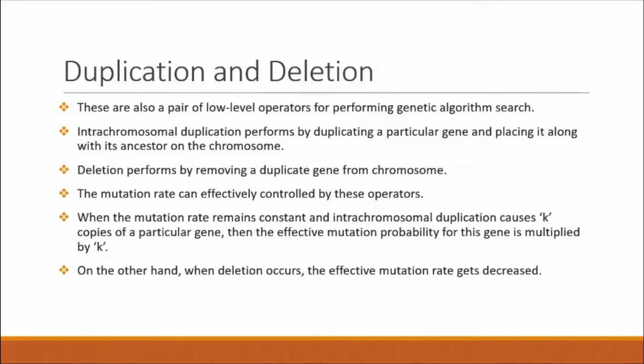When duplication comes, the effective mutation rate gets increased, and when deletion happens, the effective mutation rate gets decreased, because the number of copies of the same gene is reduced in the case of deletion.